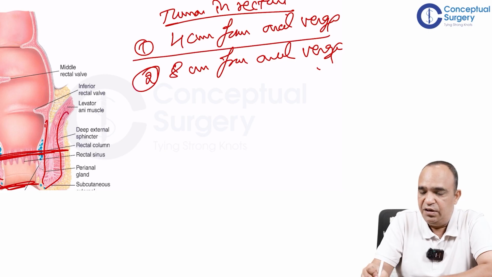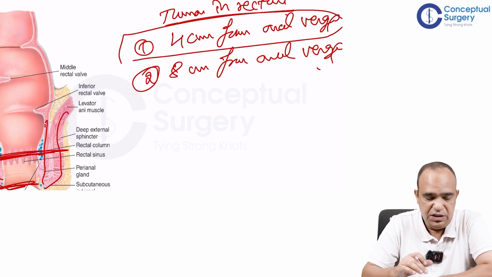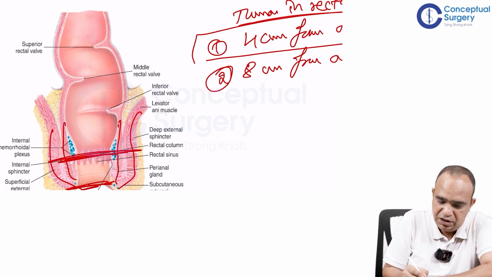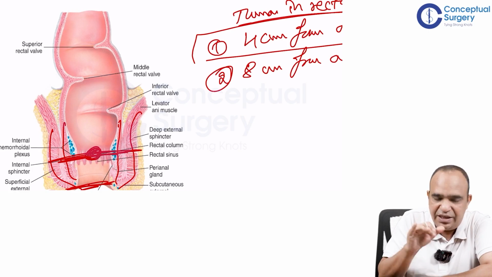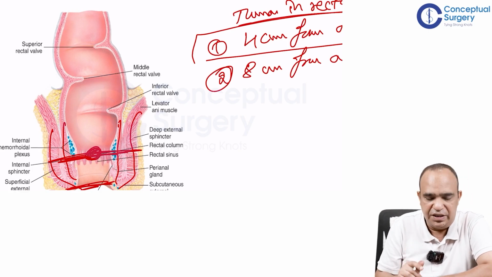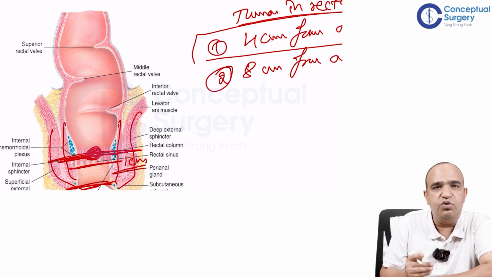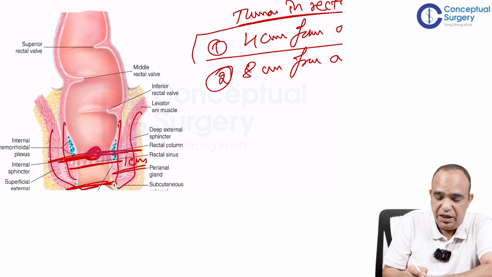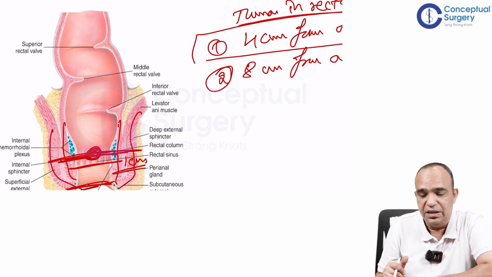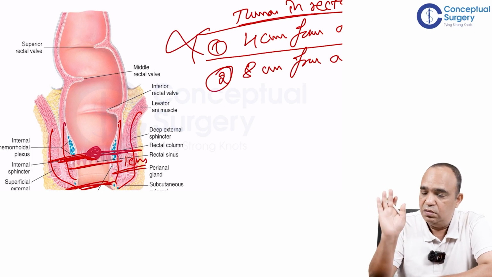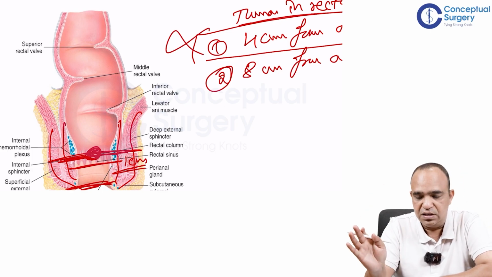So 4 centimeter from anal verge means this is the anal verge. Roughly the tumor is at the dentate line, just above the dentate line. So even if you add 1 centimeter to this, that's the distal margin of this, it will go below the dentate line. So you have to remove the sphincters.